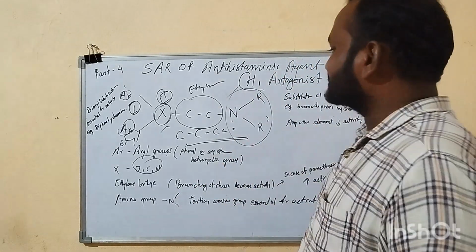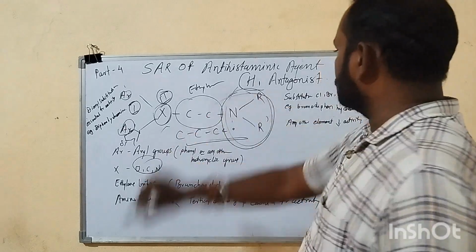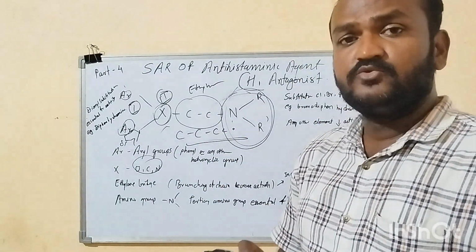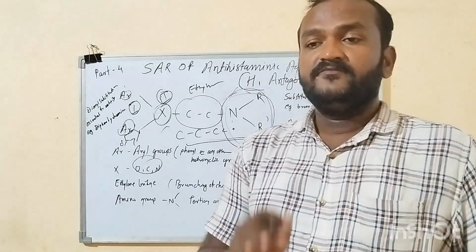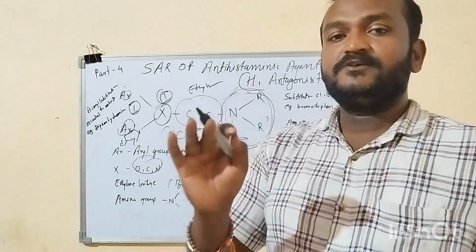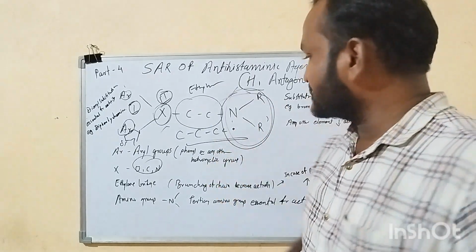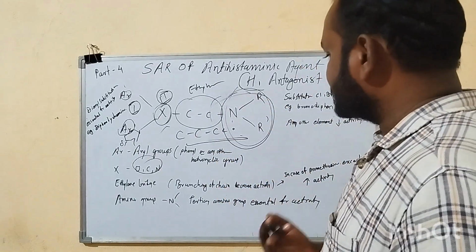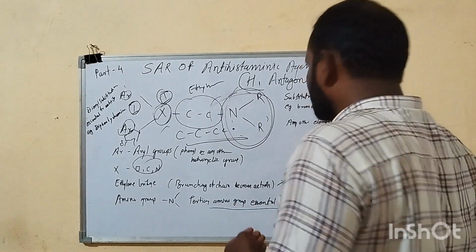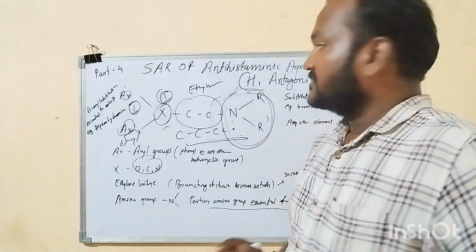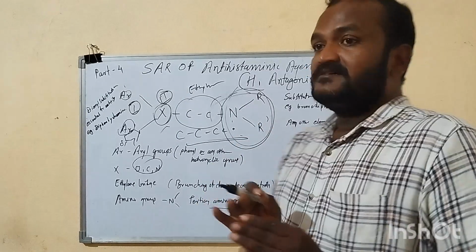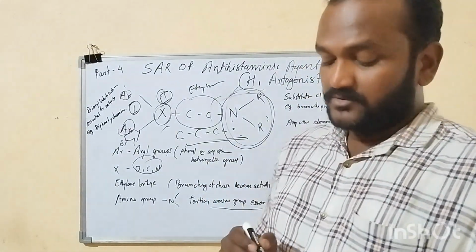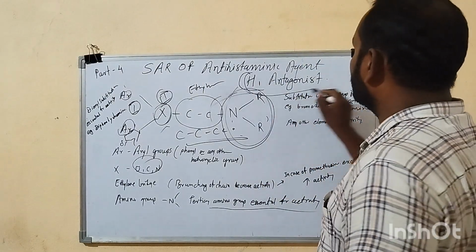Next, the last part is the amino group, and the tertiary amino group is essential for our H1 antagonist activity. So basically the tertiary amino group is necessary for the essential activity. This is the structural activity relationship of the H1 antagonist.